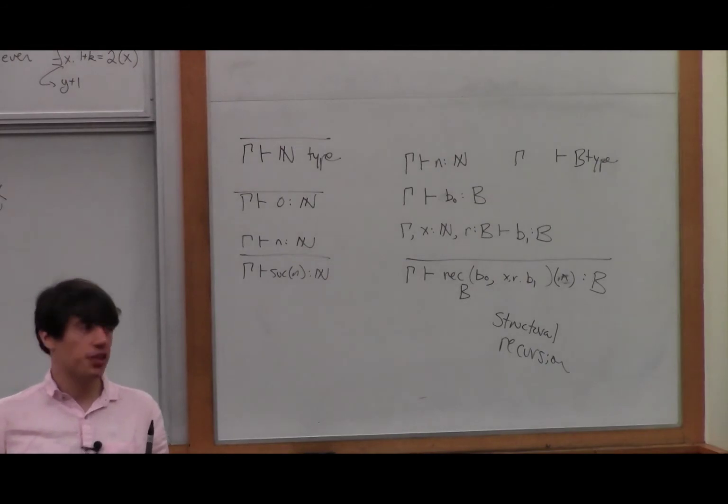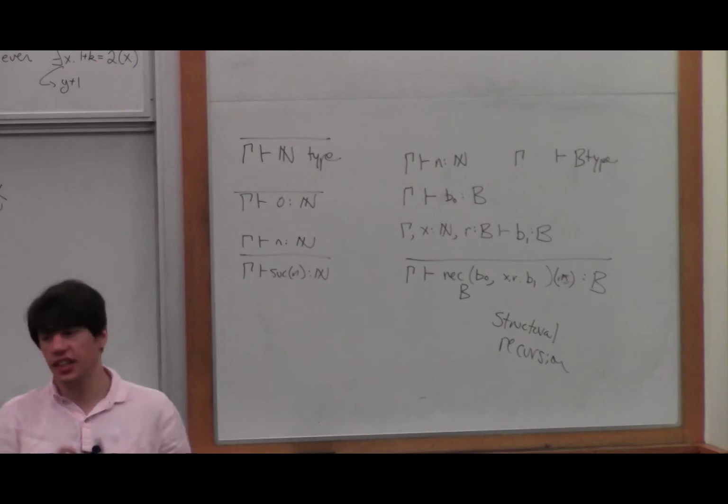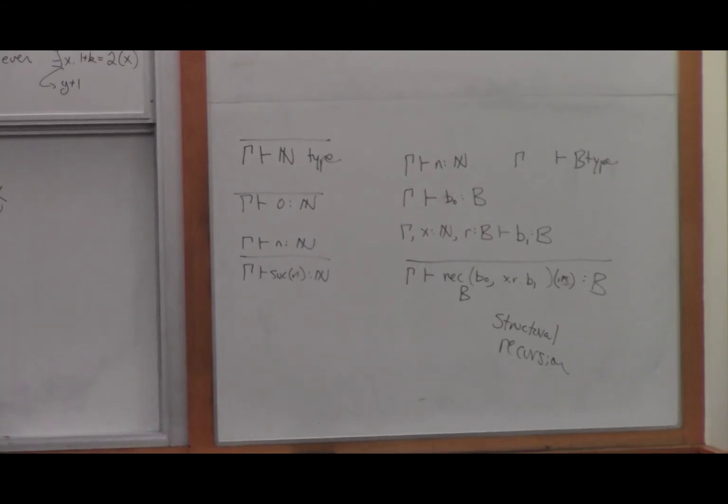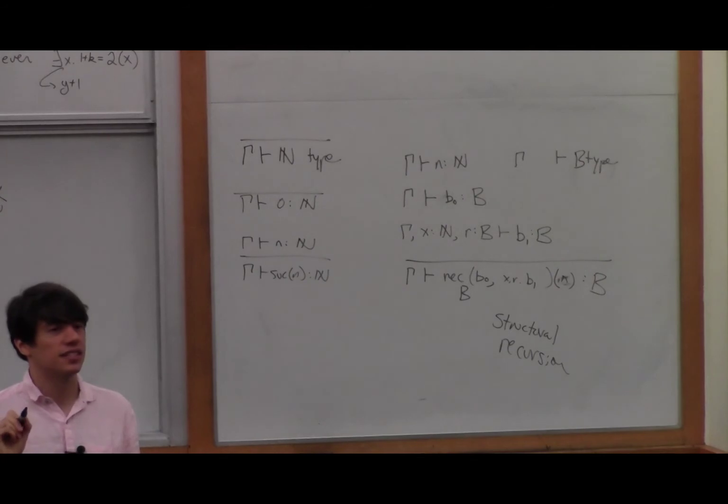And if you think about the fixed point, the fixed point lets you write fix x colon A is x, which has type A, because assuming x is A. And so if you read that logically, that's saying, I can prove any proposition by writing an infinite loop.